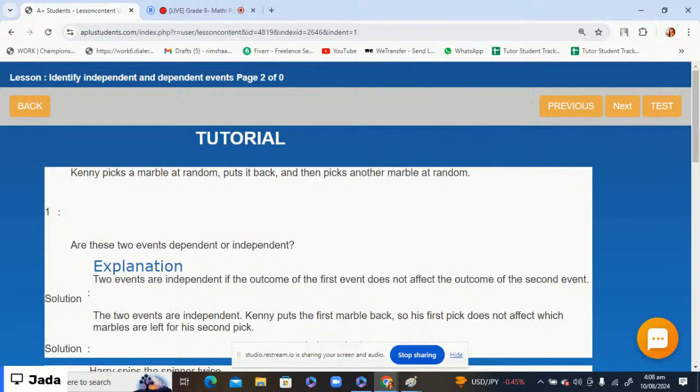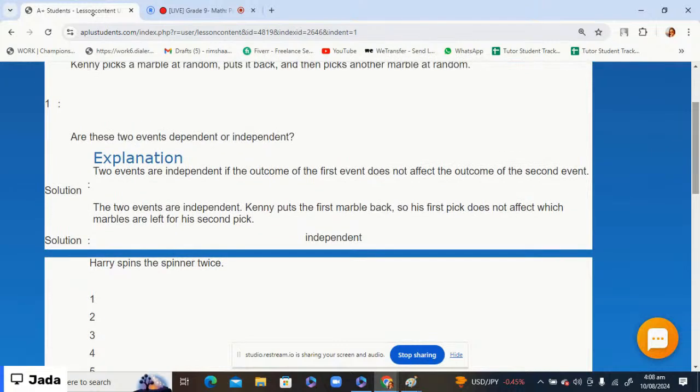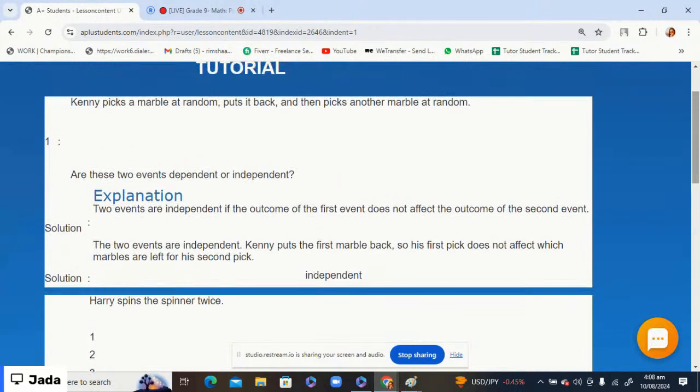These two events are independent because the marble is picked at random and put back, so the first pick does not affect the second. So this is an independent event.